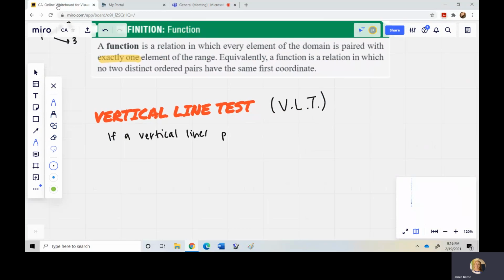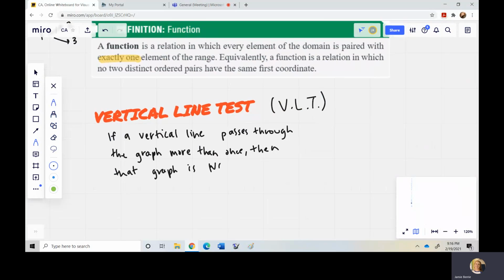passes through, let me fix that. If a vertical line passes through the graph more than once, then that graph is not a function.